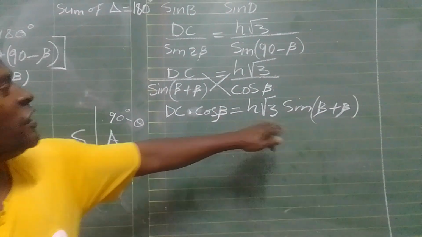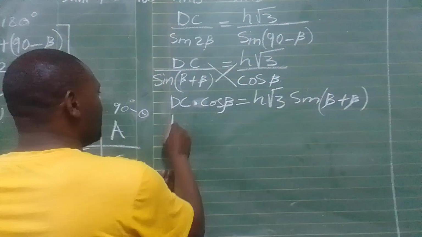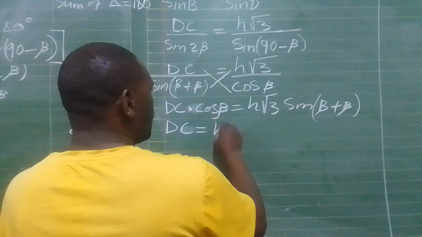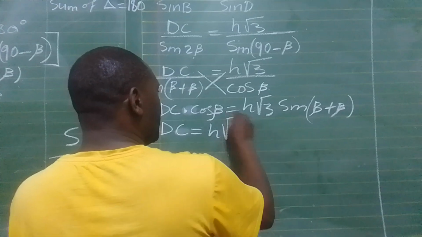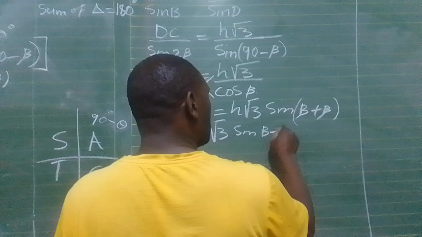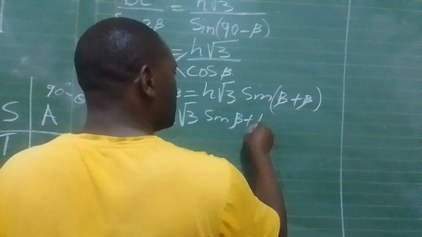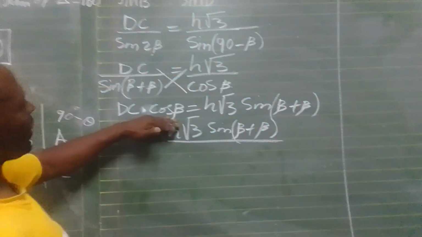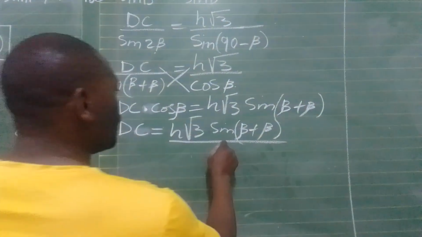We divide it throughout by cos beta, and we find that DC is equal to h root 3 sine of beta plus beta over cos beta.